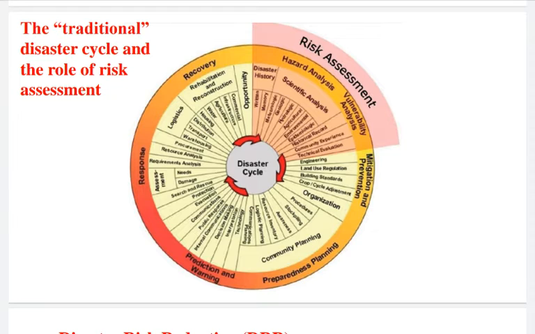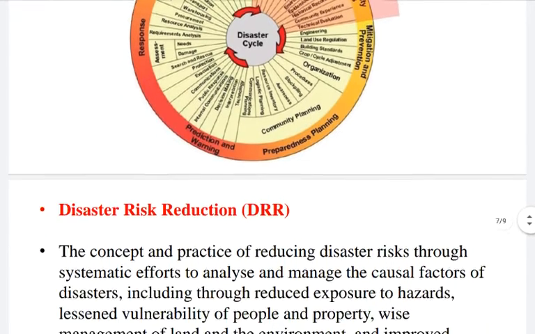Then how the humans or the buildings respond to the disaster and how they get recovered. So that is a cycle which everyone should know, learning the disaster cycle.